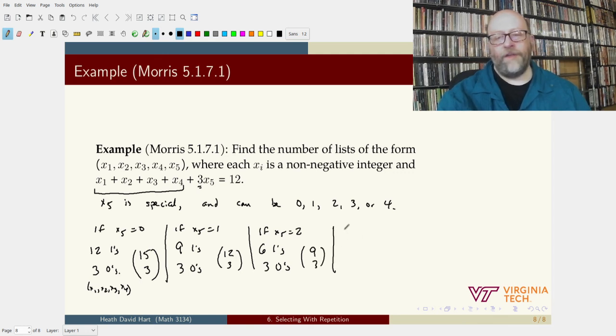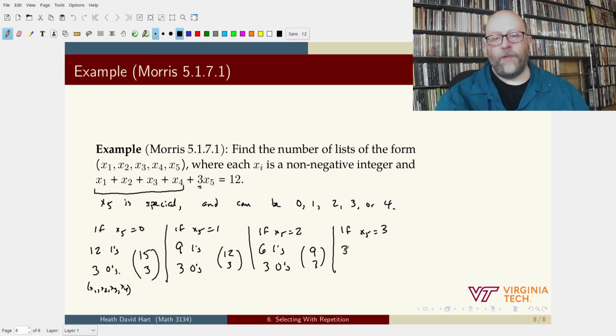And I think you can see the pattern here. If x5 is equal to 3, then 3 times 3 is 9, and so these would have to be the other 3.